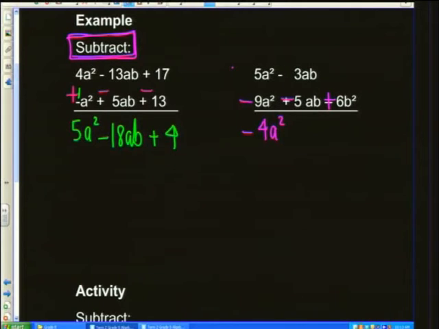And negative 3ab minus 5ab is negative 8ab, not positive, but negative. And then 0 plus 6b squared is 6b squared. All right.